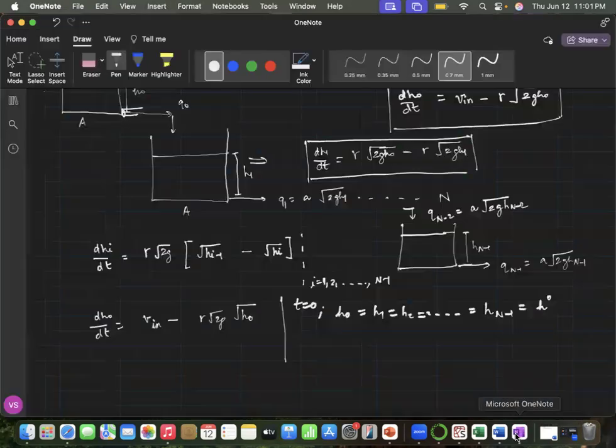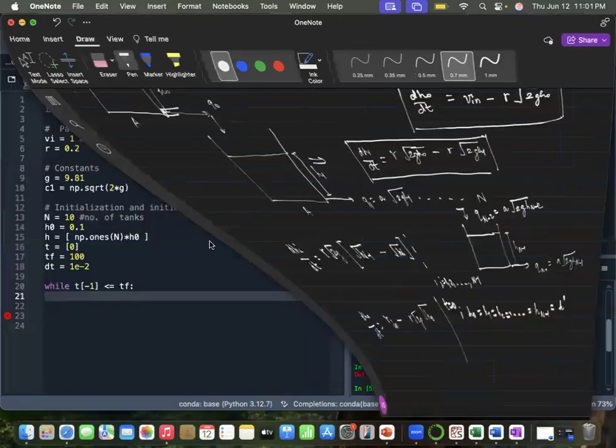So one thing that we see very clearly over here is that except for the first element over here, every other RHS has a particular form, right? There's some form that is associated with each RHS, which is square root of hi minus 1 minus square root of hi.